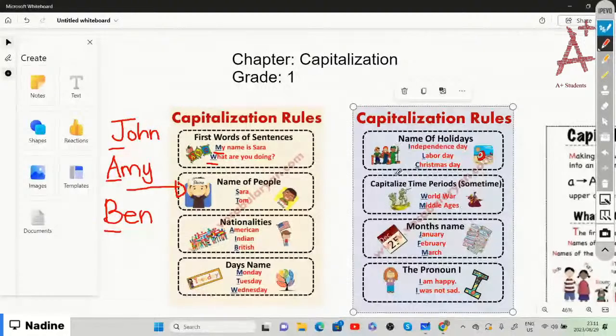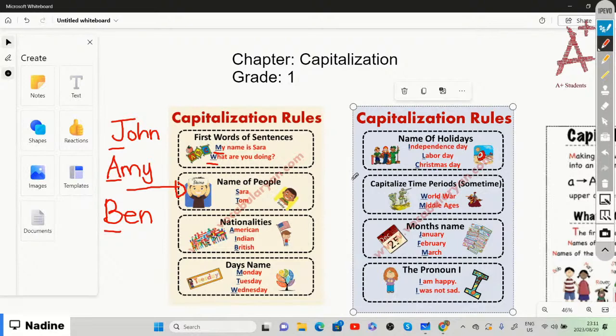The same here, names of holidays like Independence Day. So the first letter of Independence, we capitalize it. Labor Day, the L, the first letter of Labor, is capitalized. Christmas Day that we celebrate, the C of Christmas, we capitalize.